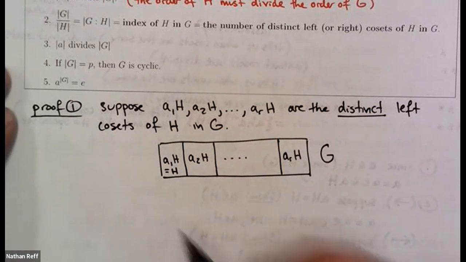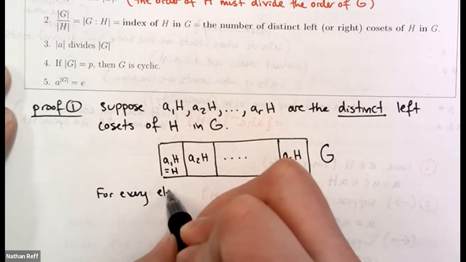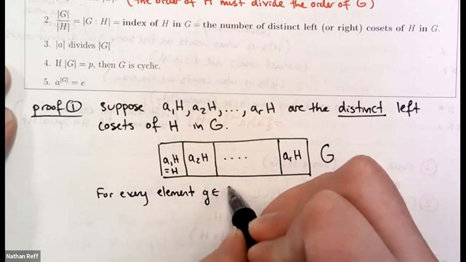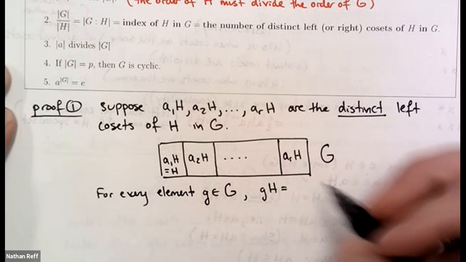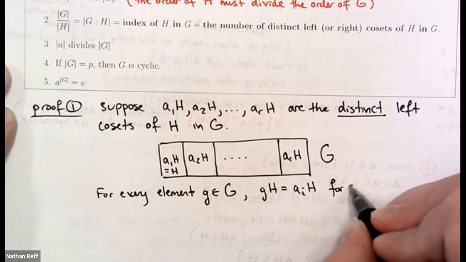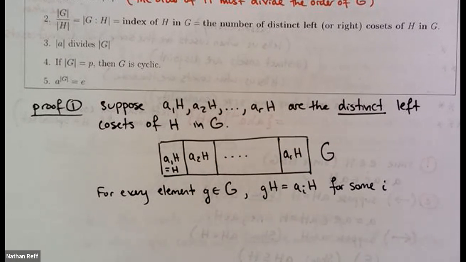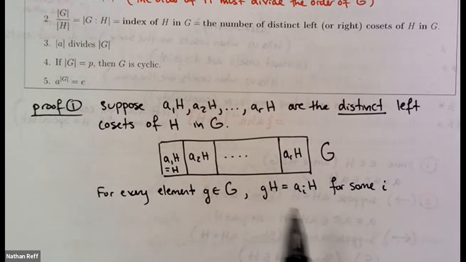Okay, now for every element G in the group, GH has got to be equal to AIH for some I. Does everyone agree with that? So remember that if I take the element G, I can just build its coset, GH, and G will definitely have to be in here.